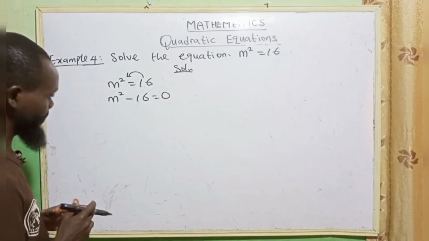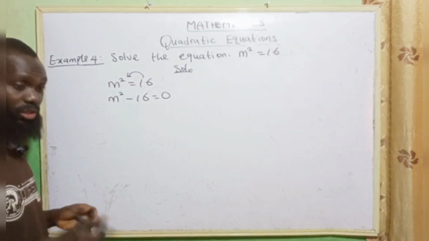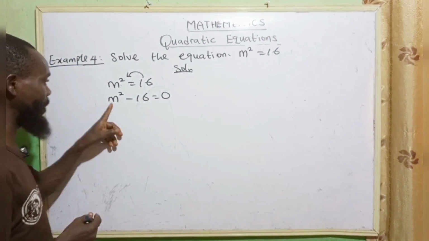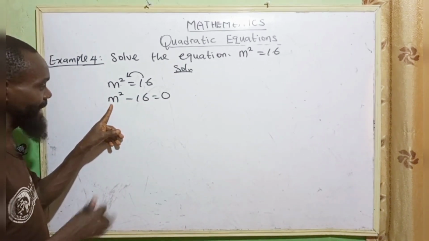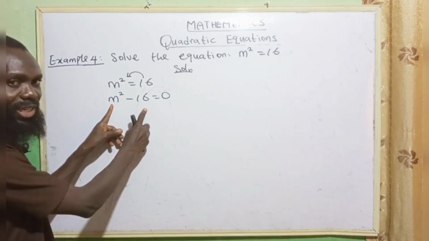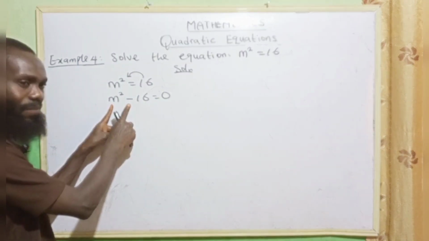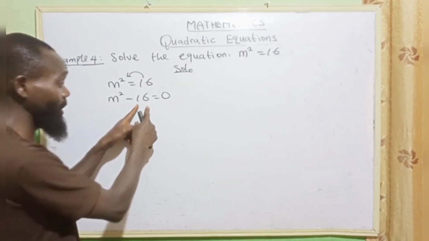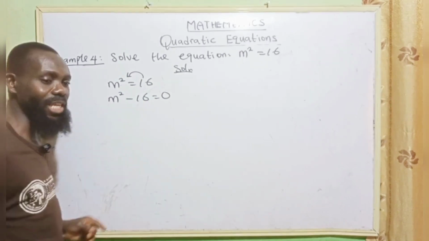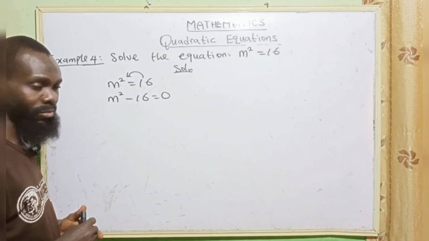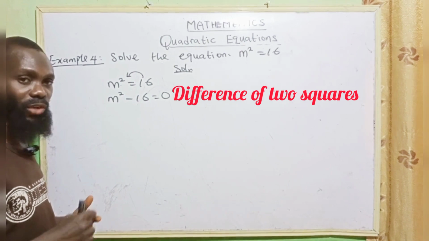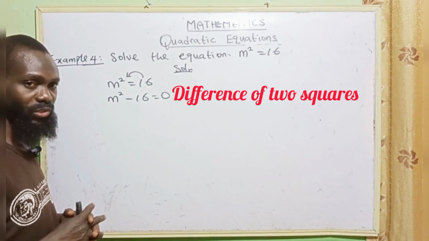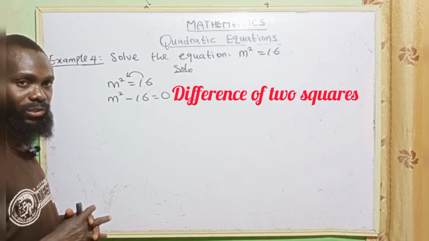When you look at this, anytime you have an equation this way, in which you have a power of 2 here, and in between these constants, there is a negative sign there, in which the constant here is a perfect square, this equation is called difference of two squares.